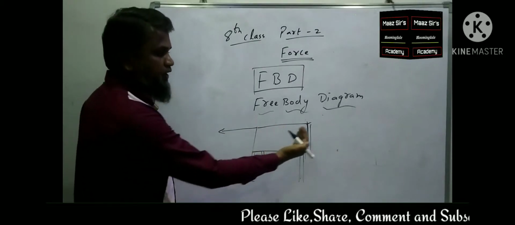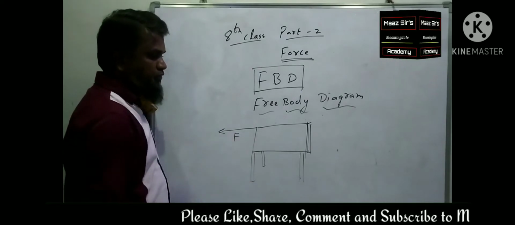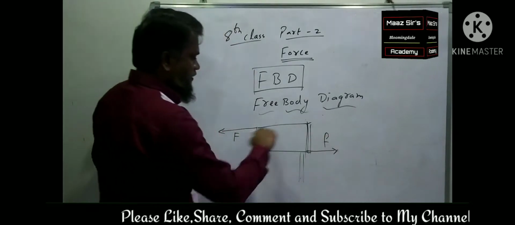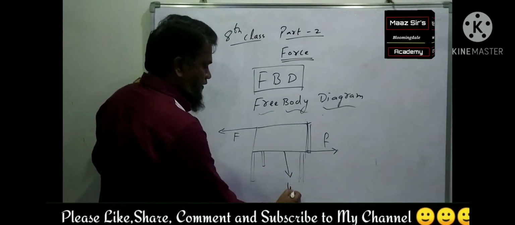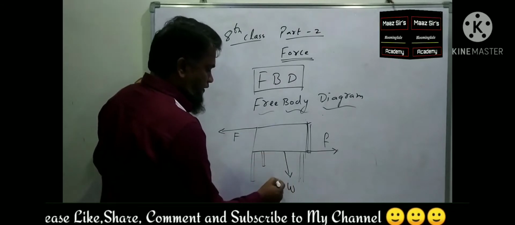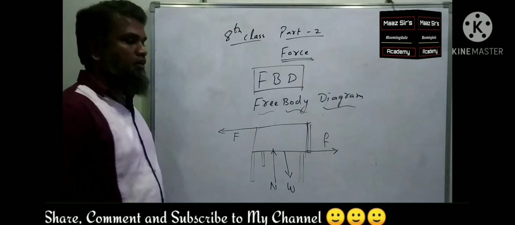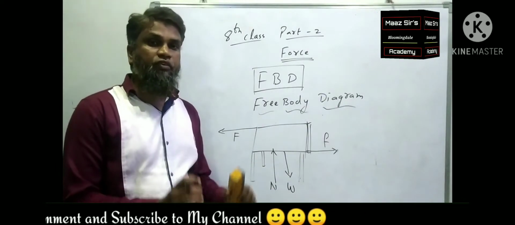A boy or a student is pulling the bench in this direction. So this is the main force. Always show the frictional force opposite to the main force, the weight downwards, and the upward force is known as the normal force. So this is the explanation of a free body diagram.